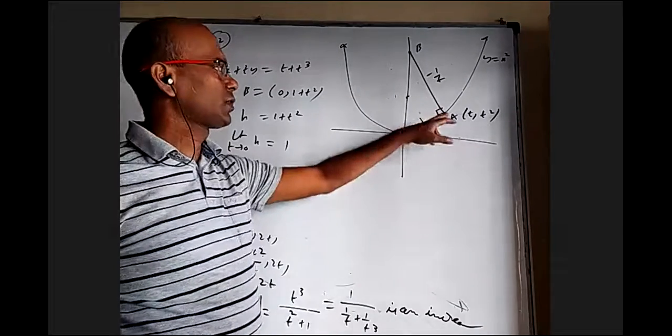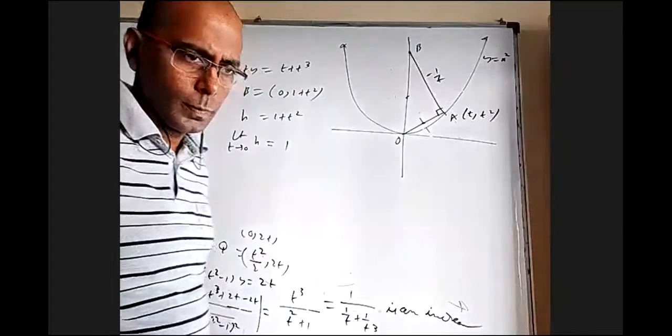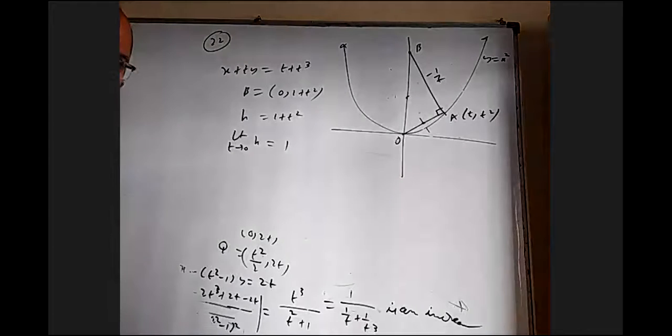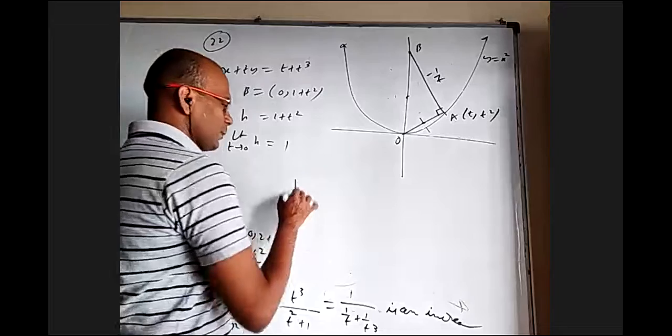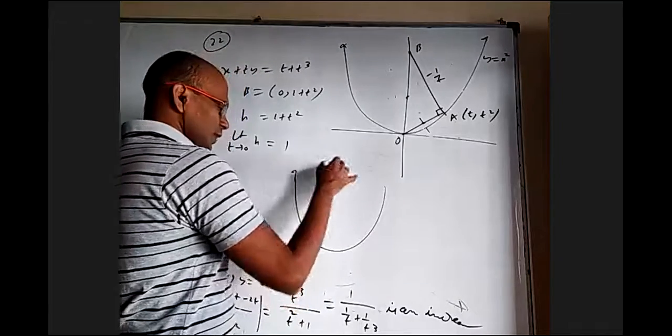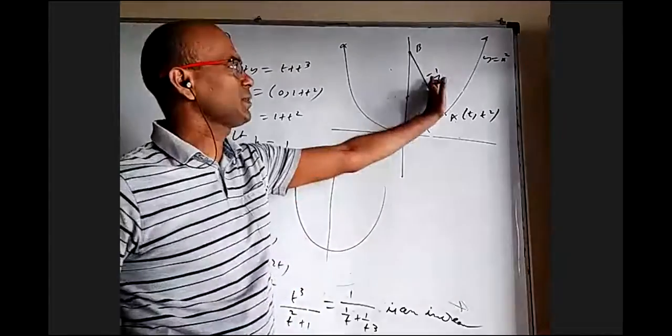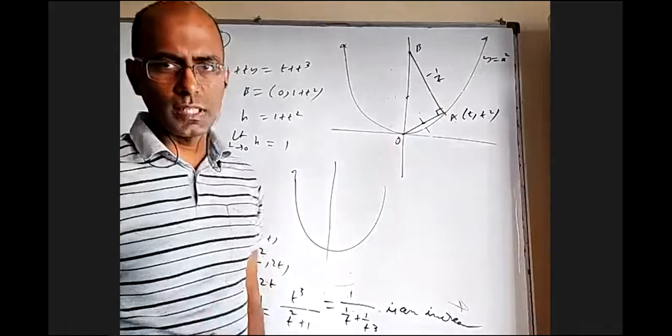Sir, I have one doubt. By the equation h equal to 1 we can say, but if we see that as t tends to 0, it seems like the height is tending to infinity. No, not tending to infinity. What is happening, you can see, is that this line is becoming this line. So you are not able to see that.